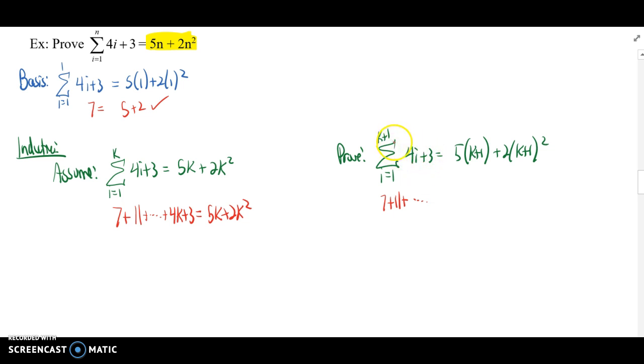Eventually, we plug in a bunch of numbers. The very last one is going to be k plus 1, so 4 times k plus 1 plus 3. So here is the k plus 1 term. The term in front of that would have been k, so 4k plus 3. And there's a bunch of other terms in there. So this is giving us a representation of this sigma actually listing out a bunch of terms.